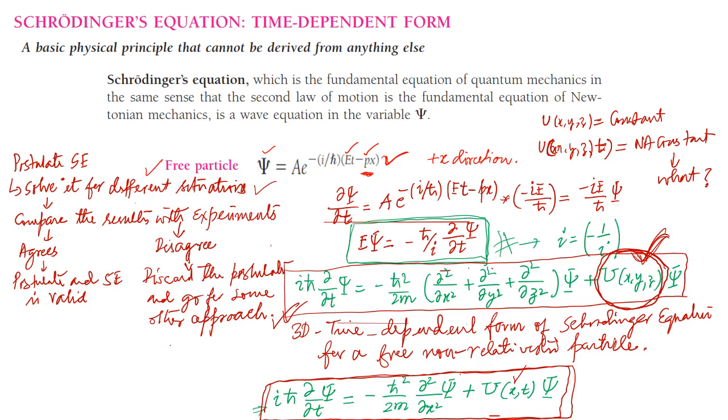So if it agrees, my postulates leading to this potential are correct, or if not, then we try to postulate another differential equation, or we go for some other approach. This is the way we deal with physical systems in quantum mechanics.